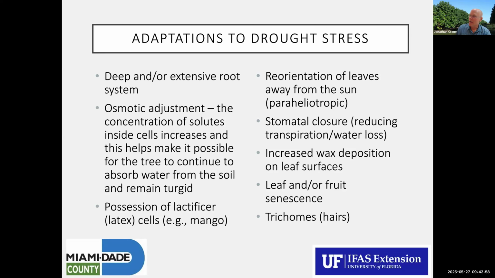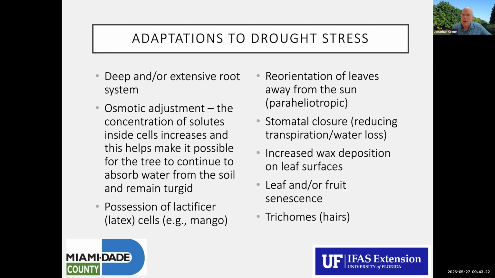I already mentioned the carambolas reorienting their leaves. And again, stomatal closure is a very common response to drought stress. Also, some trees have the ability to increase the waxy layer on the leaves.